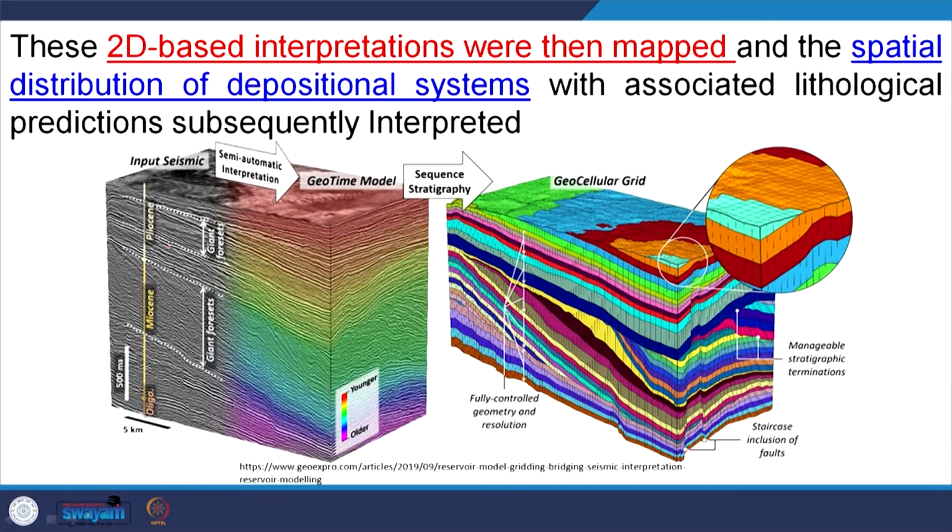Okay. So, these 2D based interpretations were then mapped and the spatial distribution of the depositional systems with associated lithological predictions subsequently interpreted. And here, these are the interpreted map and these are the seismic blocks, this is a 3D seismic sequence. From the 3D seismic sequence, they are interpreted. Now, if you see the interpretations, here we have some inclined strata and now you are getting a parallel strata here.